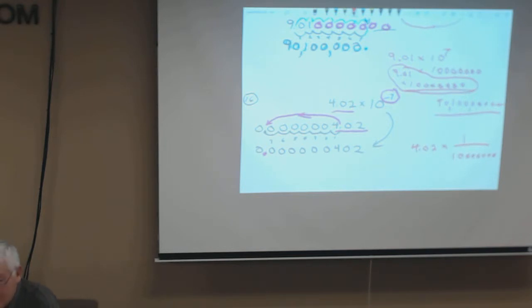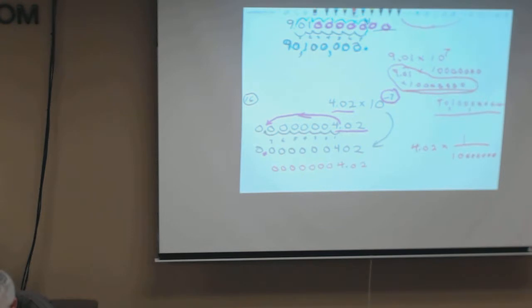You follow me? When you have a negative exponent, that's a decimal. So, using this technique, I go 4.02, and then this time, since it's negative, I know I'm going to put the zeros on this side. And because it was 7, I put 7 of them.